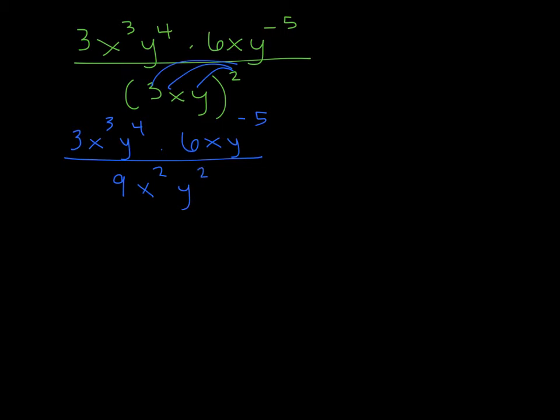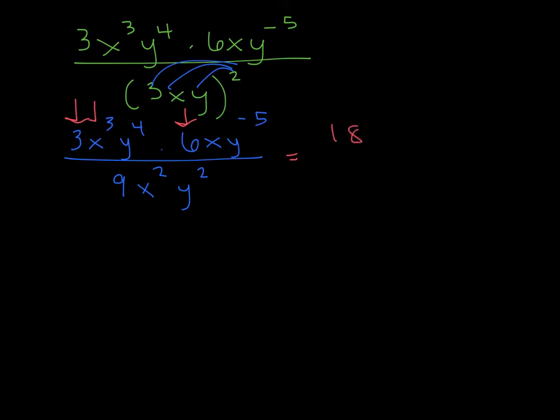Then from here, I'm going to do two things. I'm going to multiply, and I'm going to move my negative down to make that positive. Remember, this negative exponent moves that y to the 5th down into the denominator. So I'm going to do 3 times 6, that's 18.